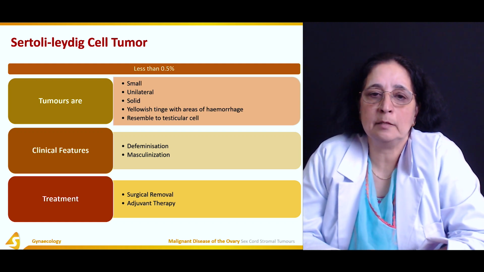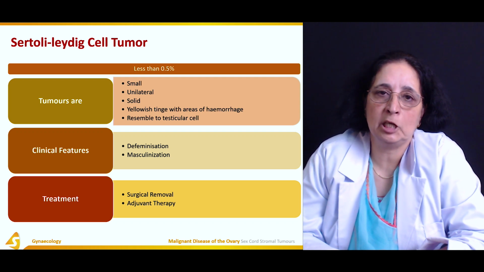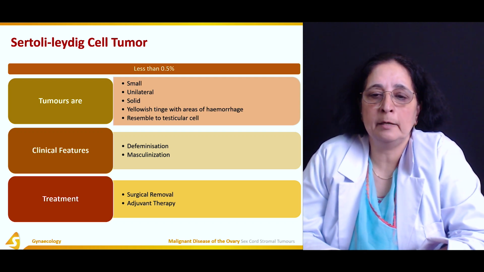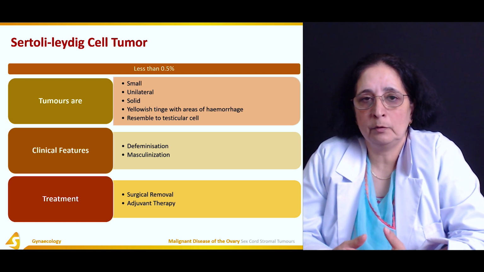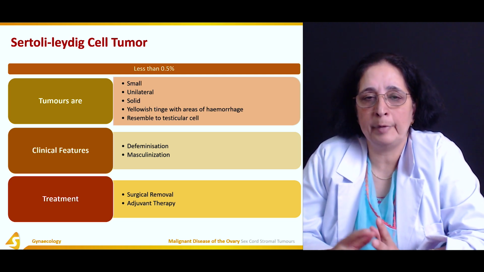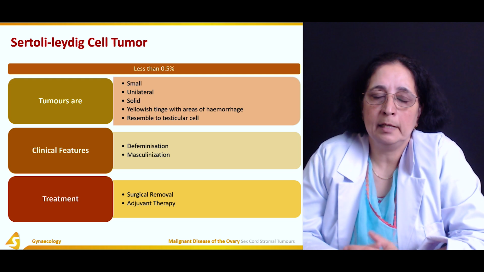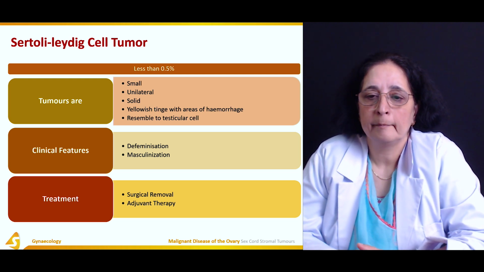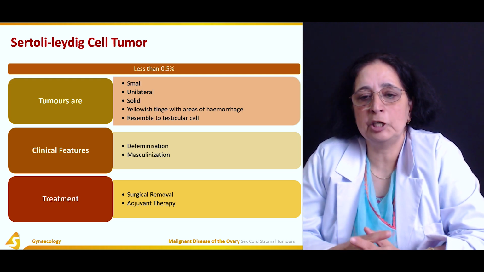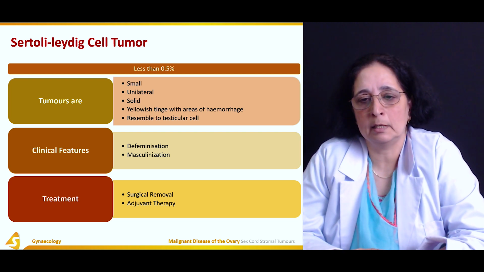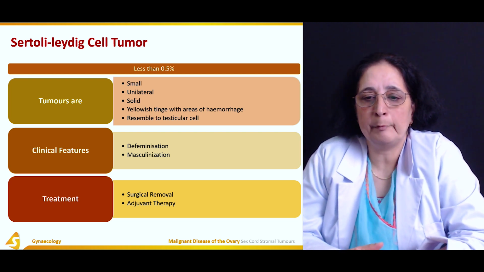As a clinical feature, mainly there is defeminization or masculinization. So females usually have a build like males. They have a mustache, beard. So masculinization is common, and there is loss of feminization.